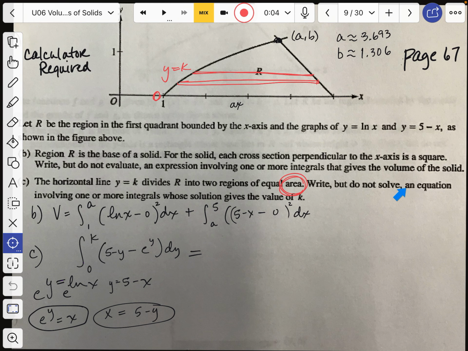And we're setting up these equations where this area is equal. So I'm going to have an interval from k to my b value, and right minus left, it's the same expression, dy. All right, and that's how we solve this one.